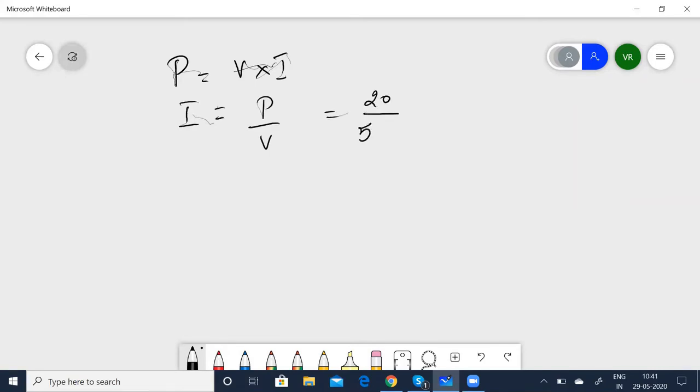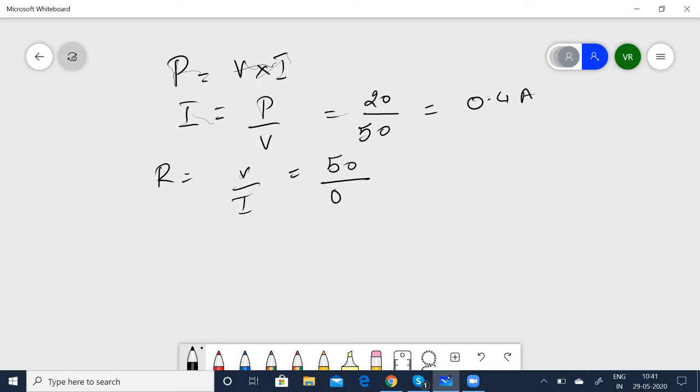All right. So, power P is equal to V into I. So therefore, from this we get I is equal to P by V, which is equal to 20 by 50, which is given. So 0.5, sorry, 0.4 amperes. And R is equal to V by I. Voltage is given as 50.